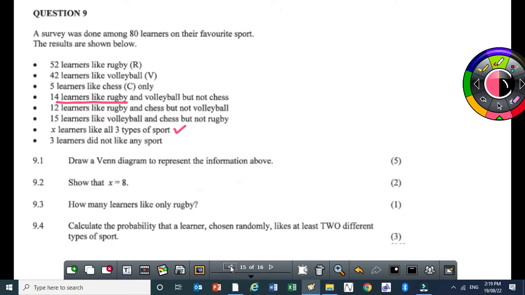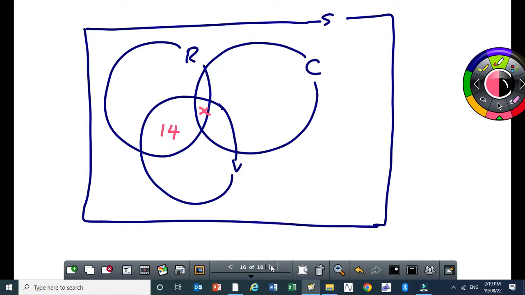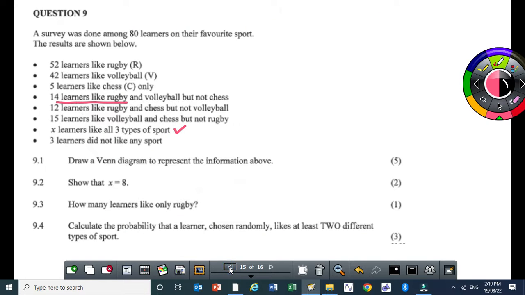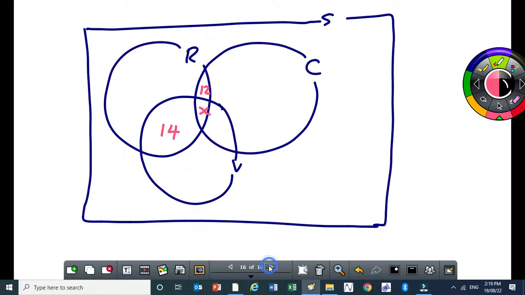We move on to another one. We have got 12 learners who like rugby and chess but not volleyball. They don't touch volleyball, so it will be rugby and chess, that's 12. Then we've got 15 learners who like volleyball and chess but not rugby, so we've got 15.